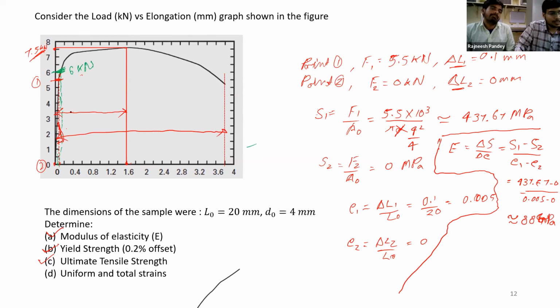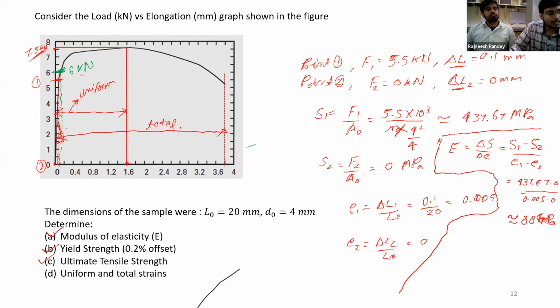Yes, so basically from here to here we will get, this is the elongation axis, but if we consider this diagram to be the stress strain diagram, then this would be the uniform section, and this will give us the total section. So to find the uniform strain, we just simply drop a perpendicular line from the point of UTS on the elongation axis.